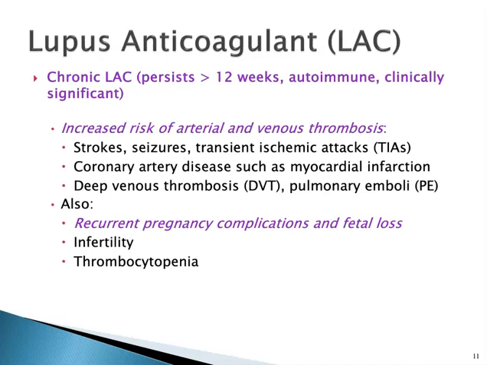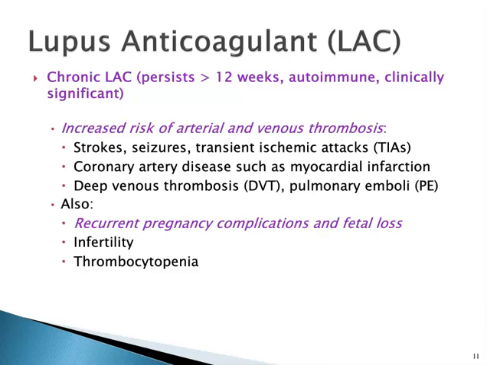So again, these tend to be more chronic, and typically an antiphospholipid antibody that tends to be chronic could be a lupus anticoagulant. A chronic lupus anticoagulant can persist for about 12 weeks. Again, it is an autoimmune response, and it is clinically significant.